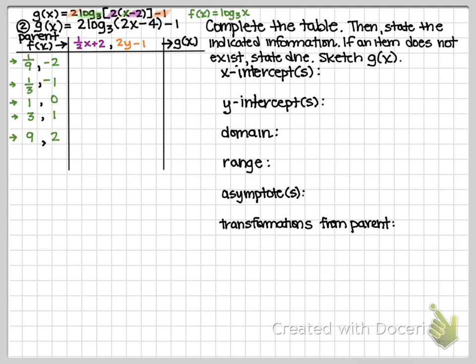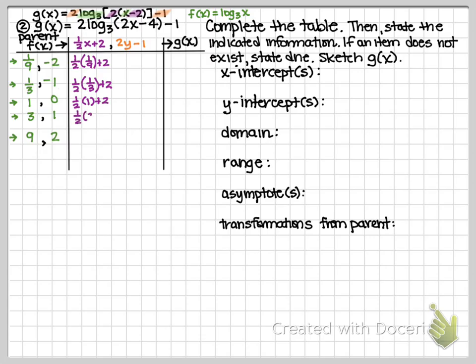If I go through and start filling stuff in, which you might want to consider doing, so pause is a great thing, times by a half, and then add 2. I know writing all this down in the middle might not seem worth it and kind of time consuming, but chances are pretty good that you'll catch a mistake if you make one.